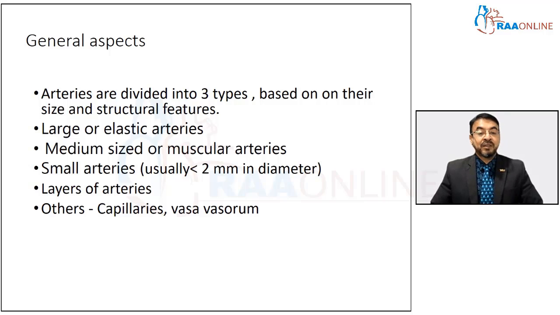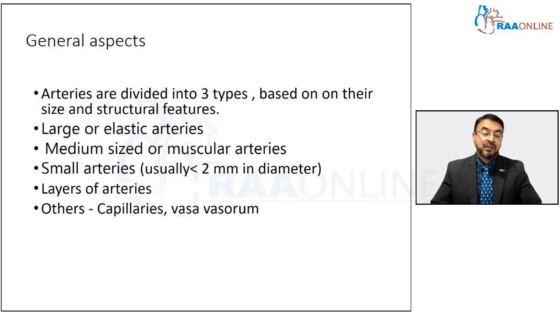The small arteries are those slightly smaller than 2 millimeters in diameter. These are the smallest arteries that supply all the parenchymal structures in the tissues and the organs, and these arteries gradually end as the capillaries.